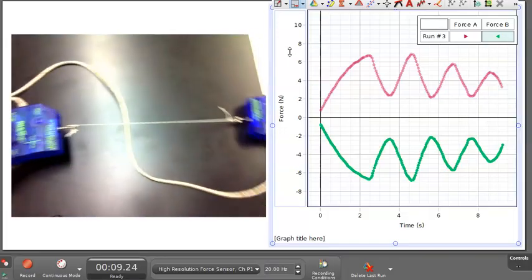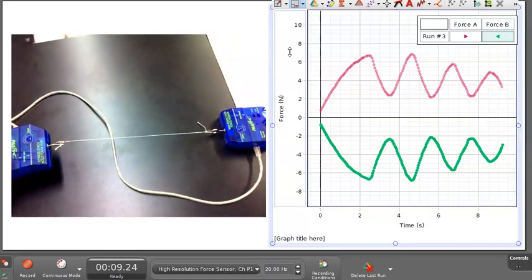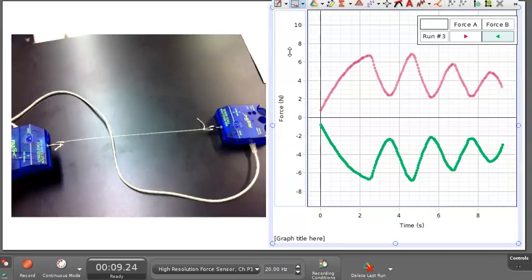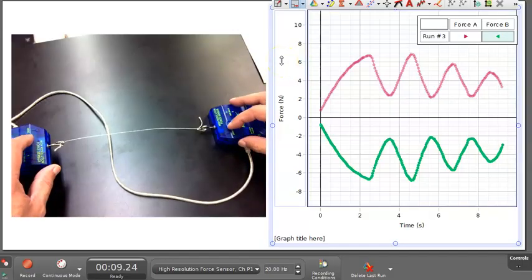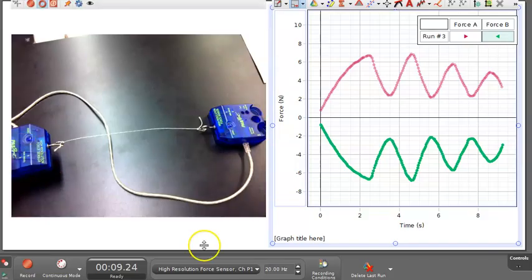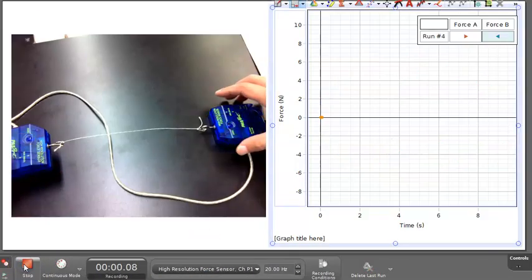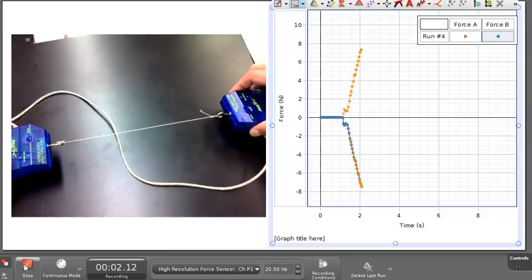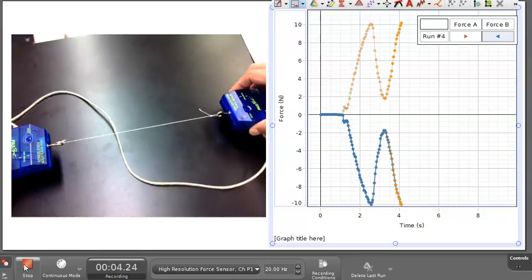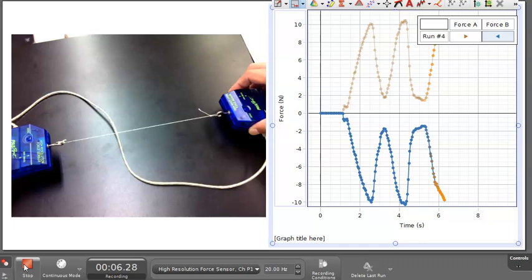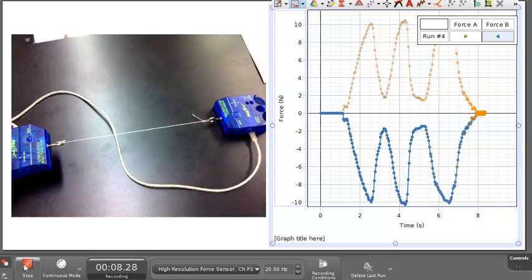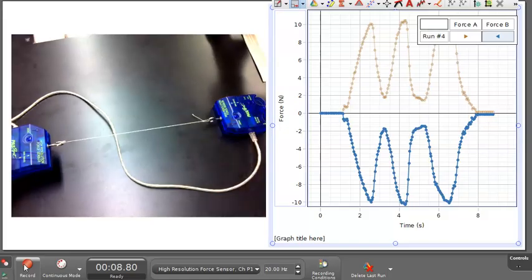Now I'm going to have to zoom out a bit so you can see. Okay. And let's again zero the force sensor so there's no load. And we'll go ahead and record and see what happens. Looks like a mirror image, doesn't it? Equal and opposite all the way through. Okay, excellent. What happens if I use a longer string?